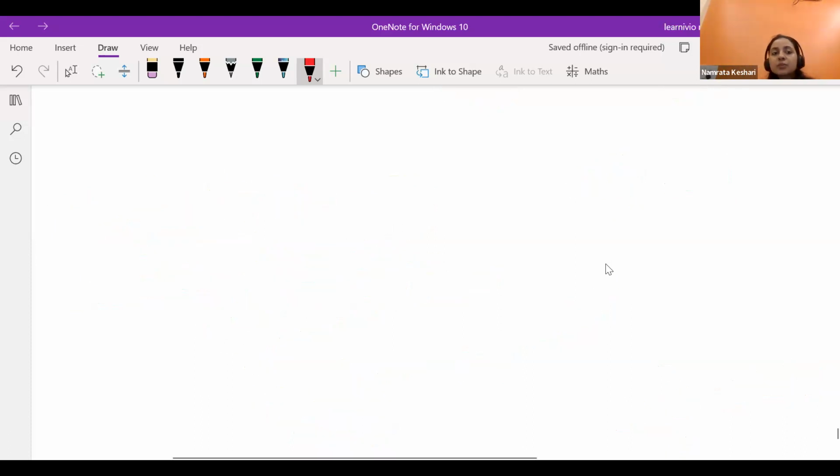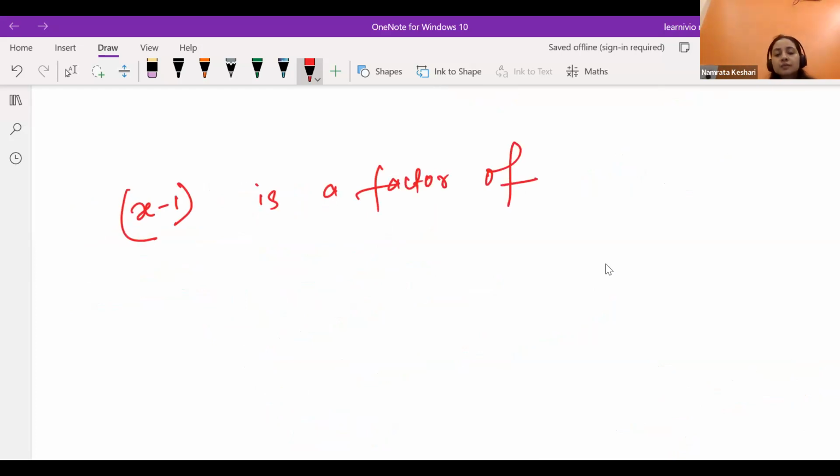Because factor theorem is: check whether x minus 1 is a factor of x square. Let me frame the polynomial. Yeah.